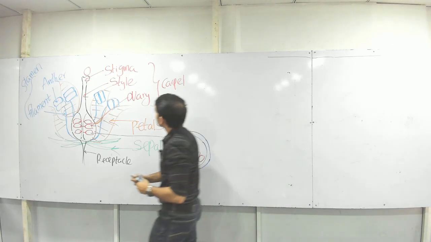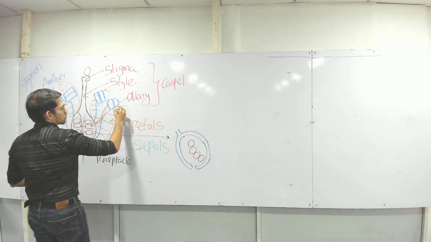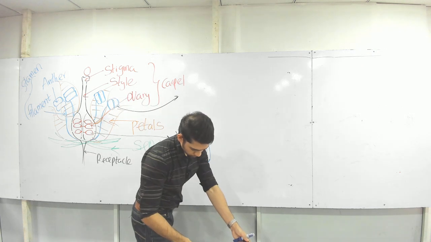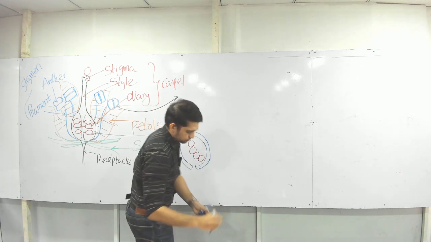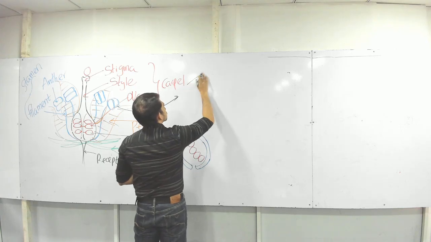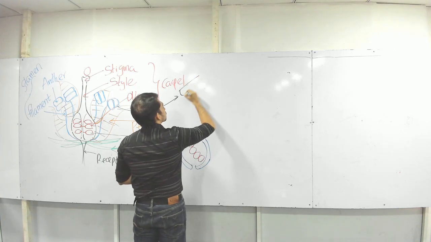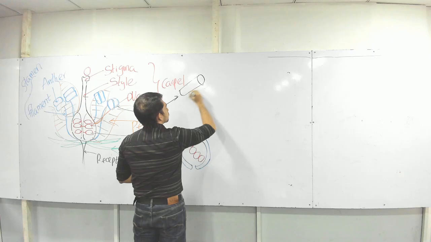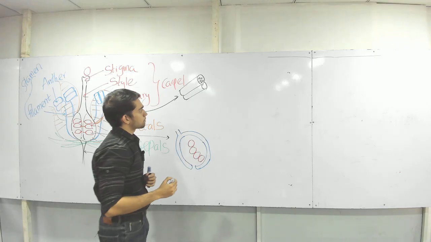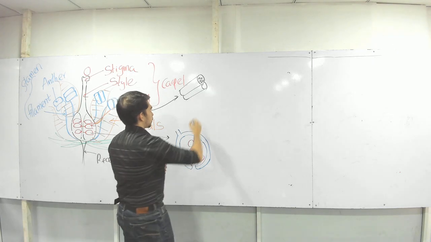So if we draw one of these anther here, they are sort of like this. If you take a cross section of them like this, inside you can see what? Microsporangia.